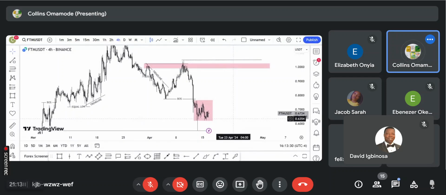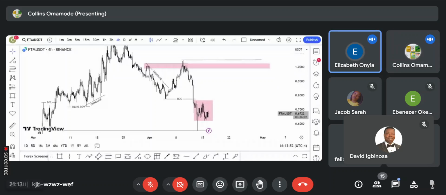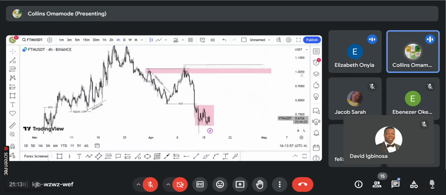Yes, sir. If you look at it, price is not doing anything significant here. Instead, it pushed up, came down to that same level, and is now pushing up again. So price is ranging. Until price comes out of the range, we are going to have a significant movement.